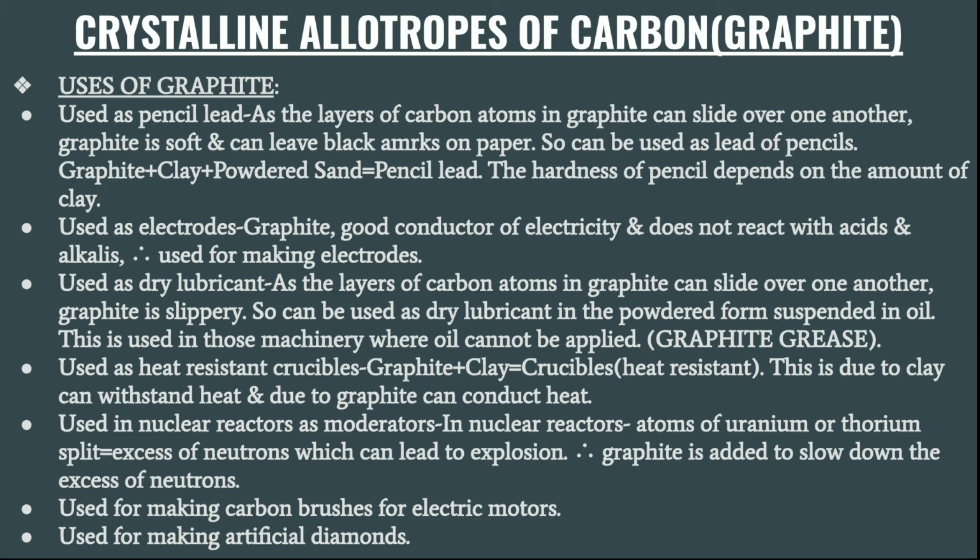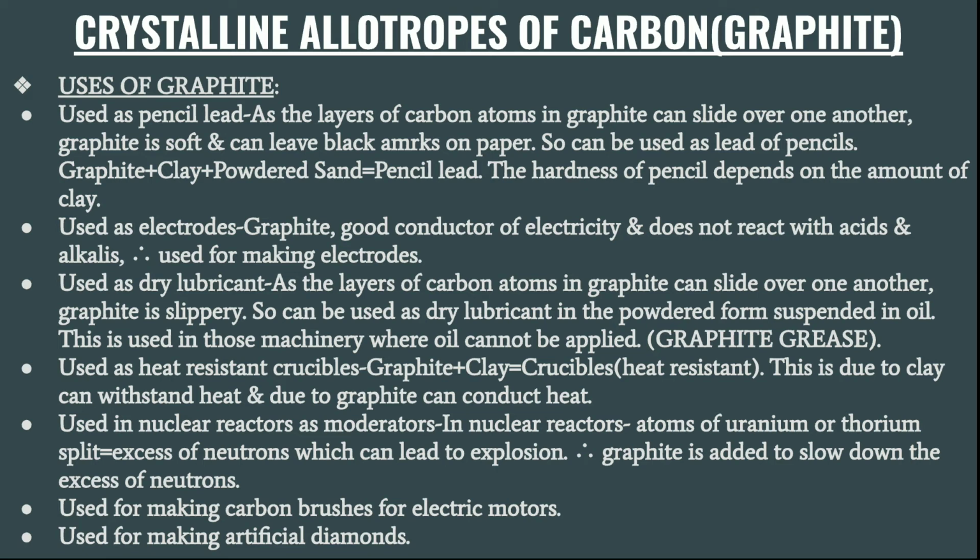Therefore graphite is added to slow down the excess of neutrons, so that not too many neutrons come out too fast. They are used as moderators in these reactions.